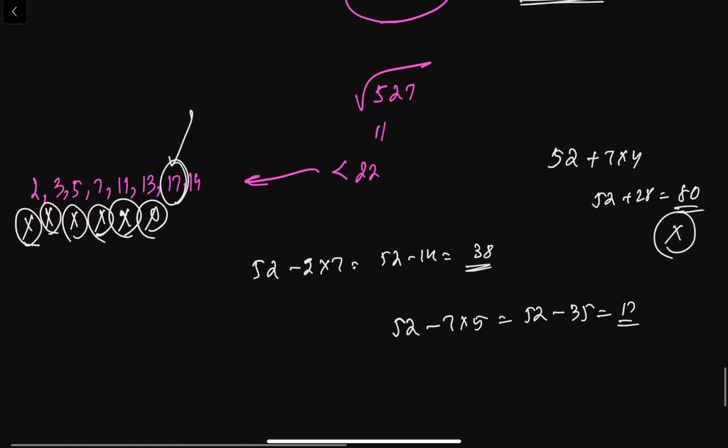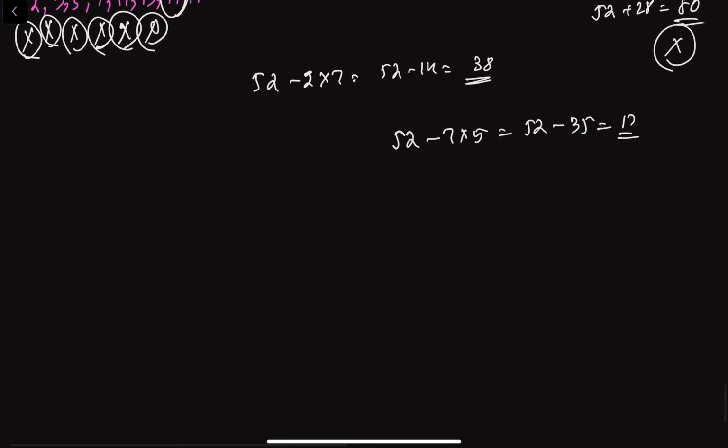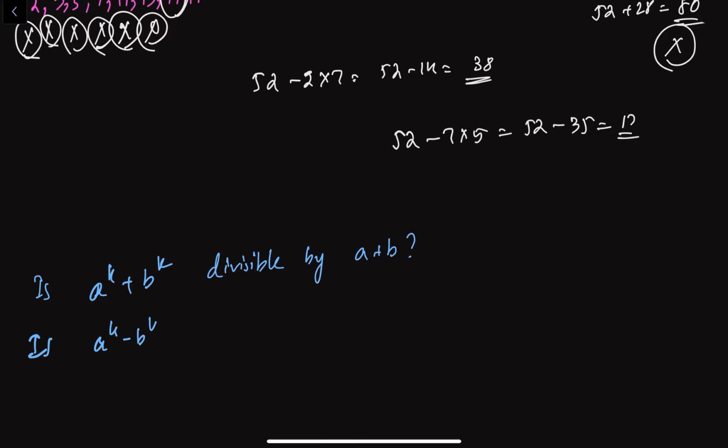Now if we come to the divisibility rule of 11, we know a cube plus b cube, or in general a to the power k plus b to the power k. Is it divisible by a plus b? And is a to the power k minus b to the power k divisible by a minus b?